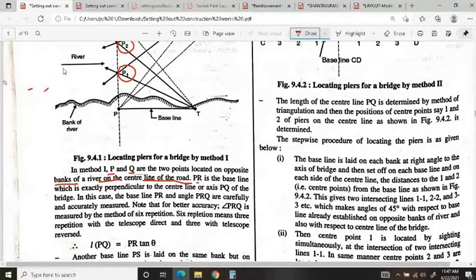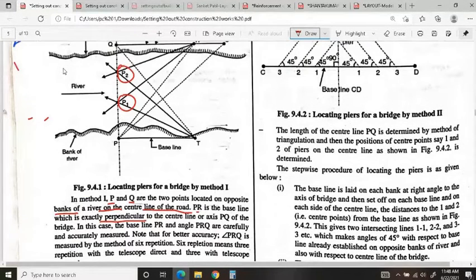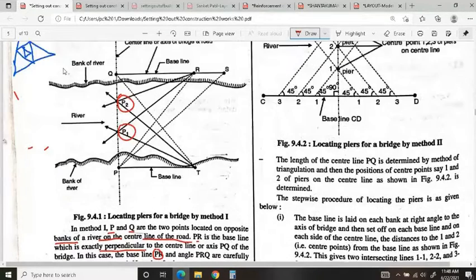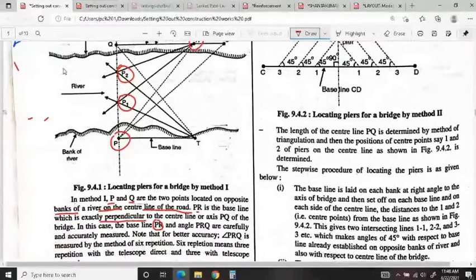PR is the baseline which is exactly perpendicular to the center line or axis PQ of a bridge. Then the line PR and the angle PQR are carefully and accurately measured.